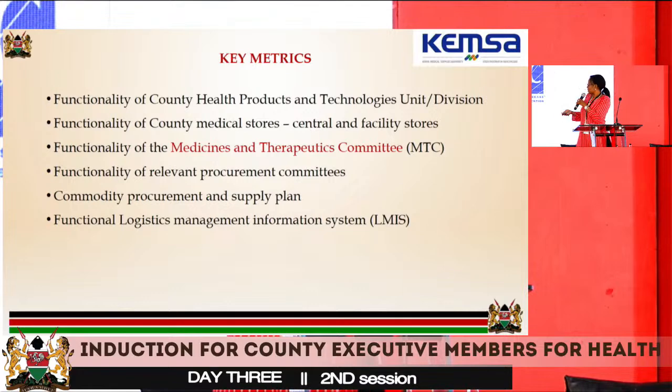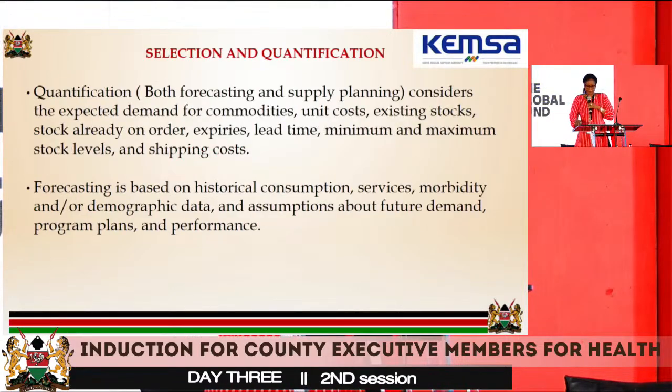Then now I want to go to process, the selection and quantification. I think I've already talked about forecasting and supply issues. We've been using historical data. It is not always accurate, but what we have done, initially, of course, selection and quantification is usually a function of sales, the commercial department, and then procurement does their thing.